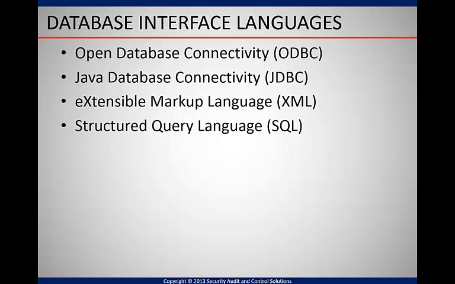A new protocol in the market these days is JSON, which is used to communicate with databases over the internet. The objective of these interfaces or middleware is to hide the complexity of the programming interfaces required by the end users.